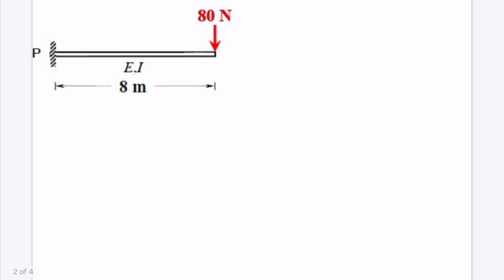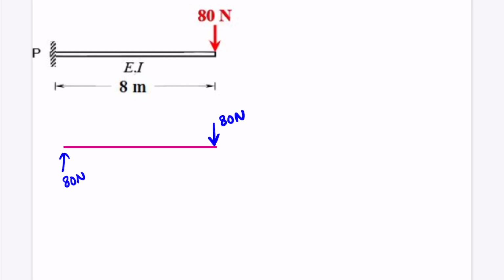So here let us draw the free body diagram for it in order to find the value of shear force and bending moment at the support location P. So here we have this applied load which is 80 Newton. So in order to balance it, we have 80 Newton upwards at the support location.